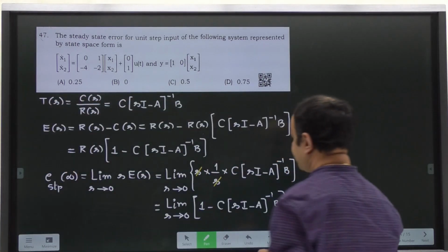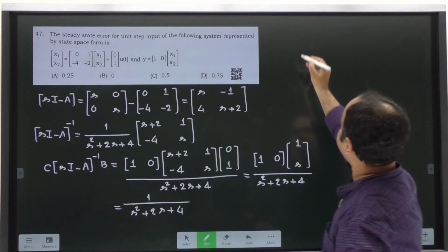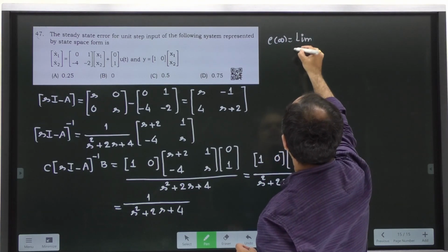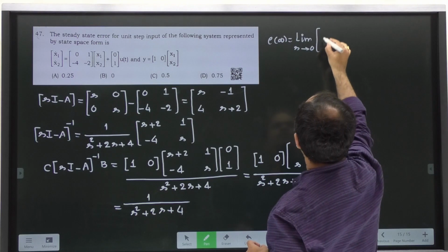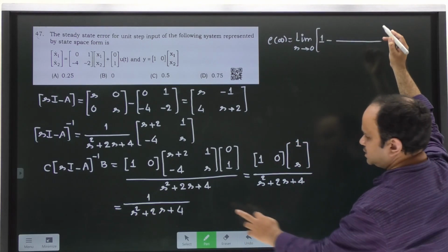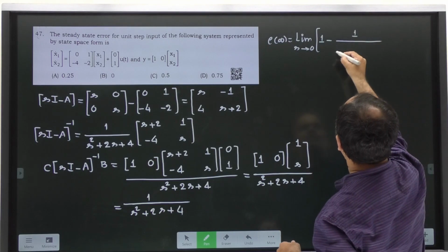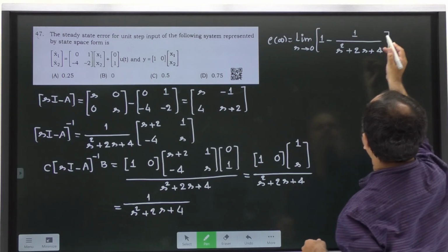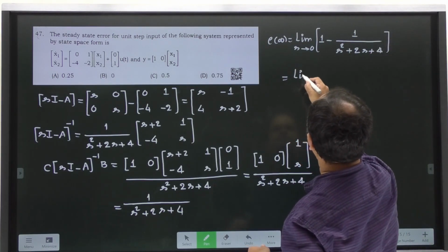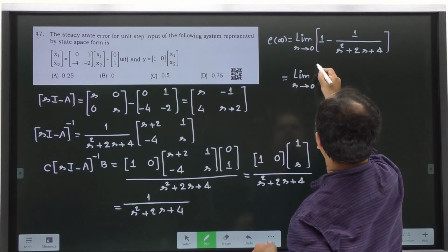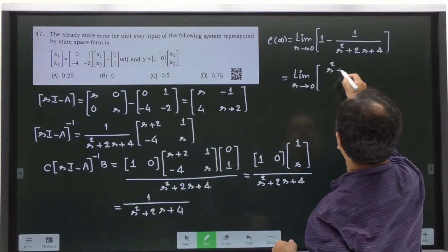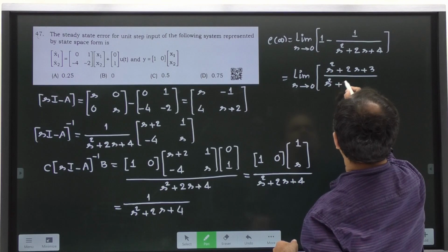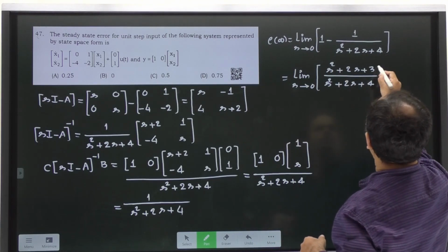Now, if you evaluate this limit, steady state error is equal to limit S tends to 0, 1 minus C into this matrix, so 1 by S square plus 2S plus 4, then it will give you limit S tends to 0, S square plus 2S plus 3 divided by S square plus 2S plus 4.